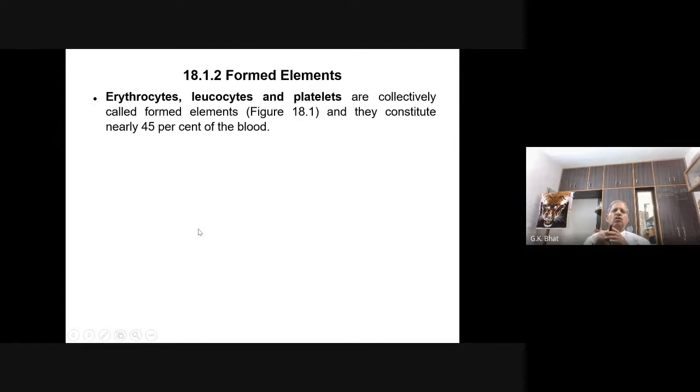Now let us look into formed elements. We have already heard that 45% of the blood is formed elements. What are the components of the formed elements?